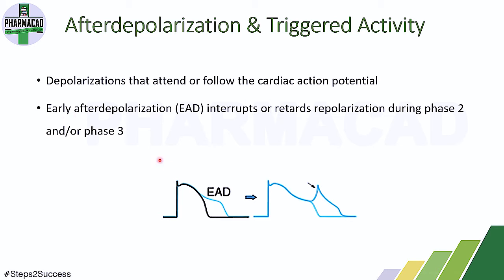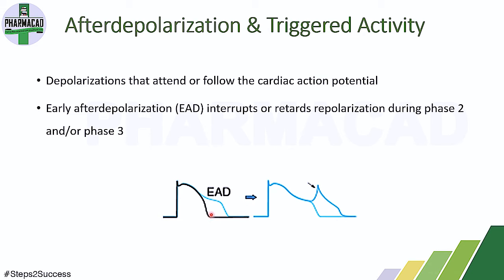Early का meaning क्या है? That means before this action potential is ending, ये खत्म होने से पहले ही next depolarization start हो गया है. Okay, यहाँ पे if this depolarization reaches the threshold potential, suppose this is reaching minus 70 millivolt, then this will get converted into a second action potential.